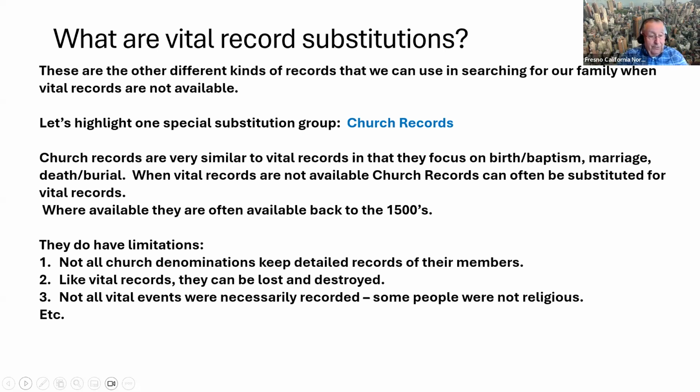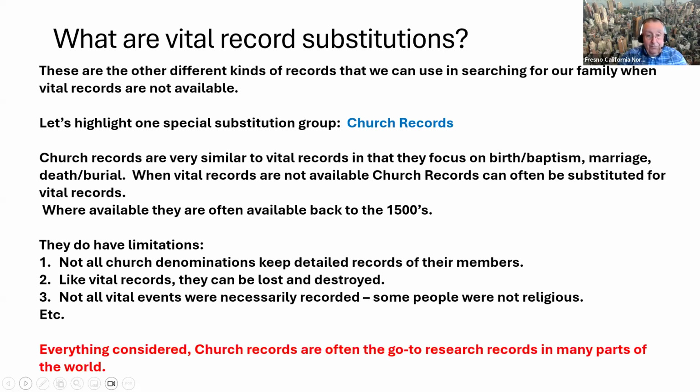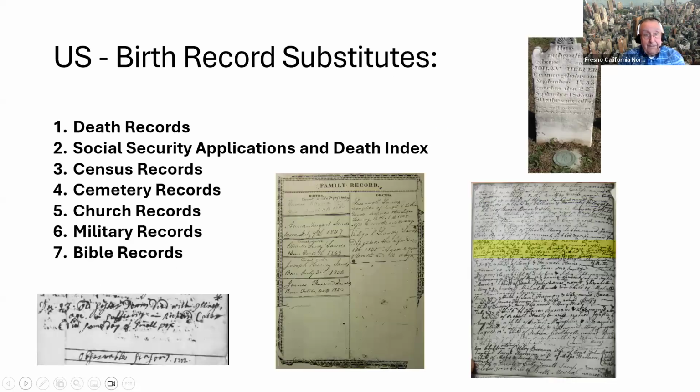I have some families that weren't religious, and since they weren't religious, you're not going to find many vital records for them. Okay, so everything considered, church records are often the go-to research tool in a lot of parts of the world when you've run out of vital records and civil registration records, because they're just the best things there.